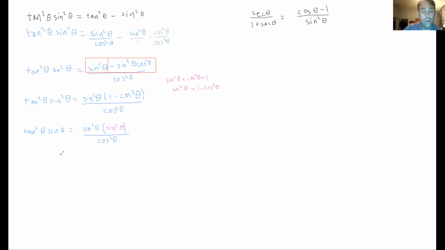So now at this point in time, I see the sine squared right here. I'm trying to figure out how to make the tangent squared show up. I've got 2 sine squareds in my numerator, so I can break this up.